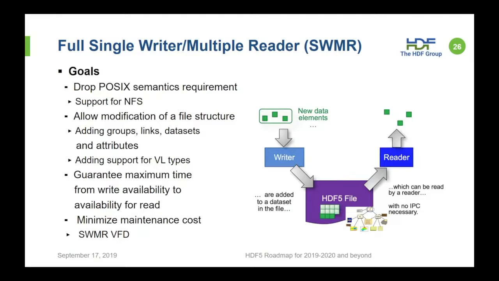But what is more important is that it guarantees a maximum time from when the writer writes to when readers see the data. And since it's done as a virtual file driver, it is separate from the whole library. It's much easier to maintain, and when we finish it, it will remove a lot of code that is now slowing down the library.